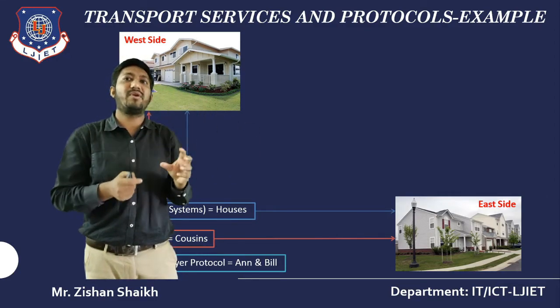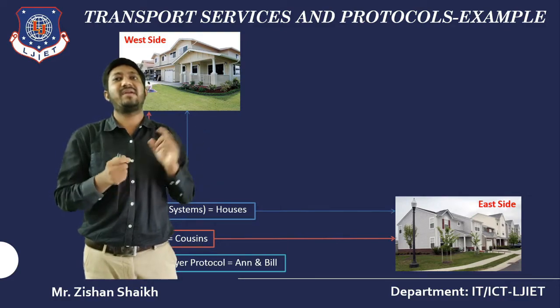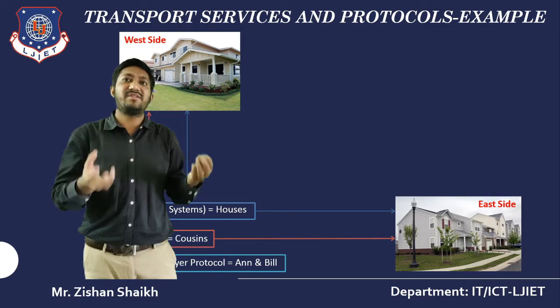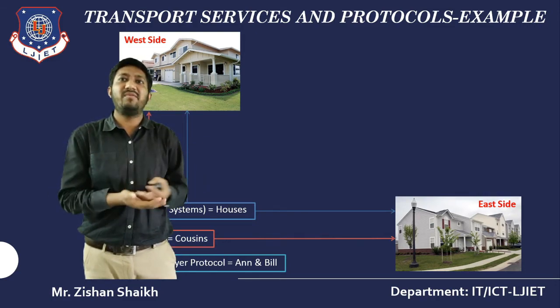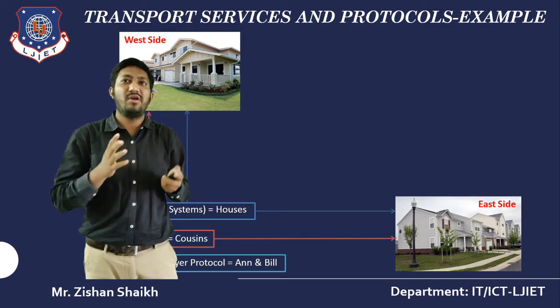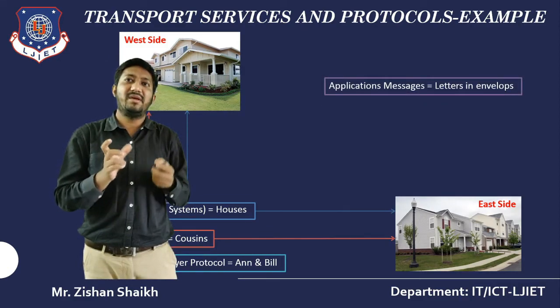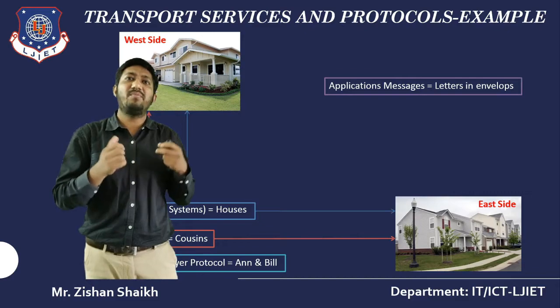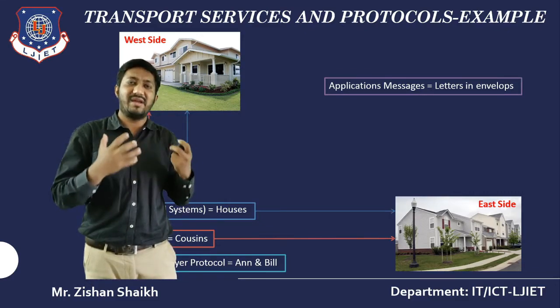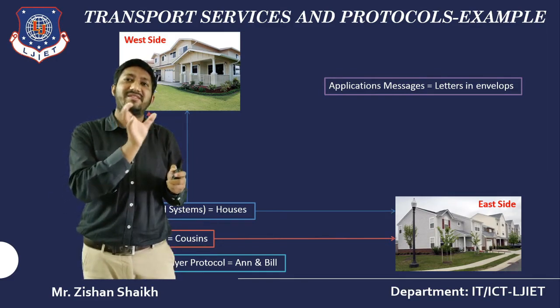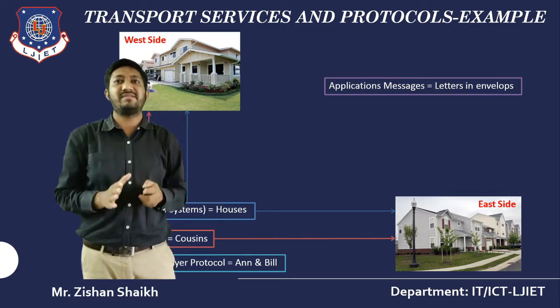So where are the transport layer and network layer performing their tasks here? For that we require some person to transfer the data, and one service is available, that is the postal service. Here are the application messages: a number of letters in the envelope are our application messages.